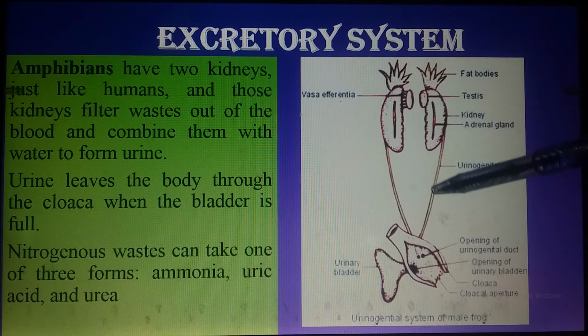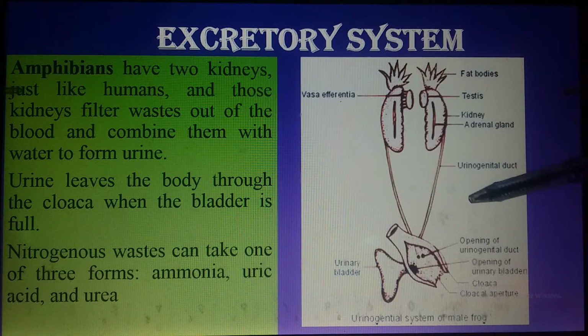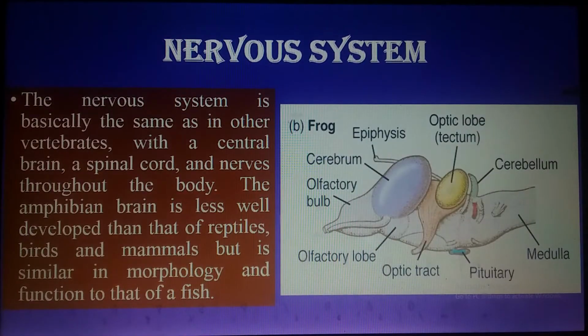So it passes the genital material as well as the urine. That's why it has dual function, and that is why it is known as the urinogenital duct. Is it clear?